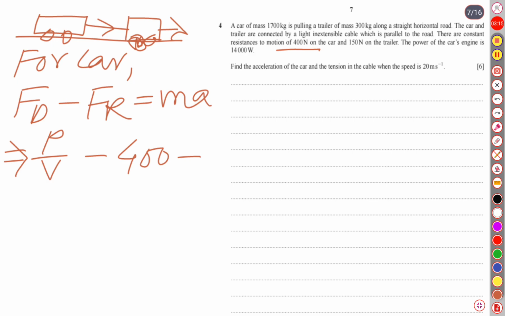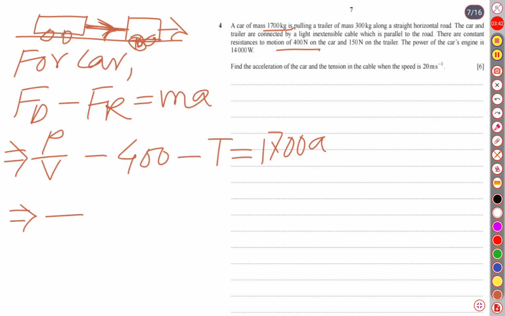That means this cable is the tension. This tension is causing resistance to the car. So the tension in the cable is also a resistance force in terms of car. And the right side, mass into acceleration. Mass of the car is 1700 into acceleration.